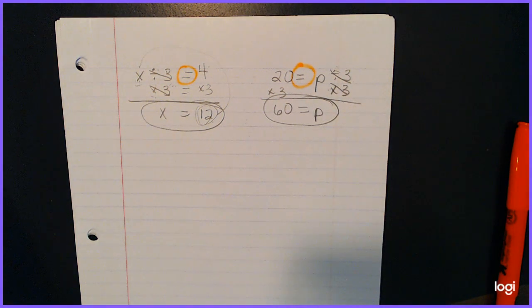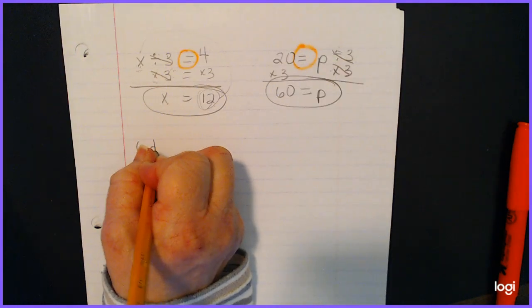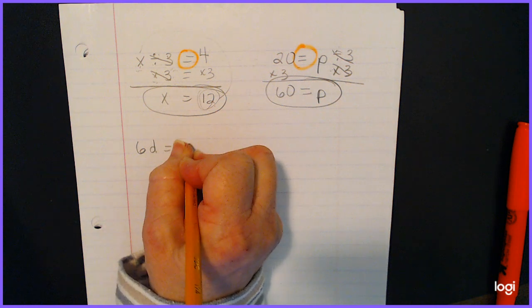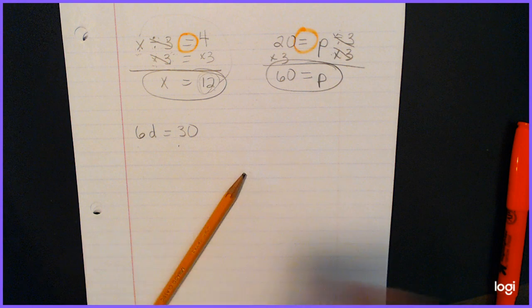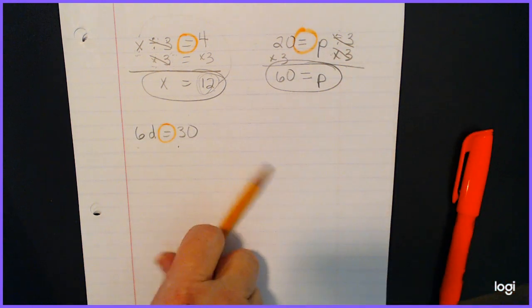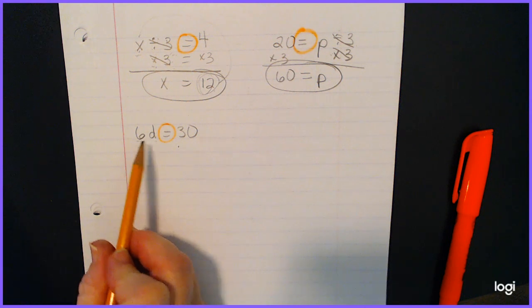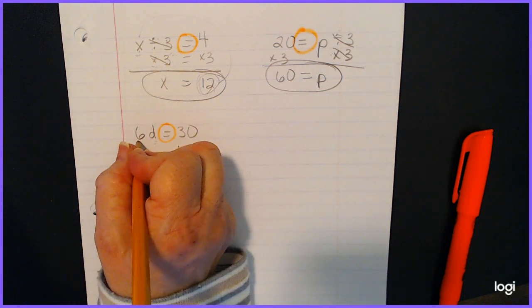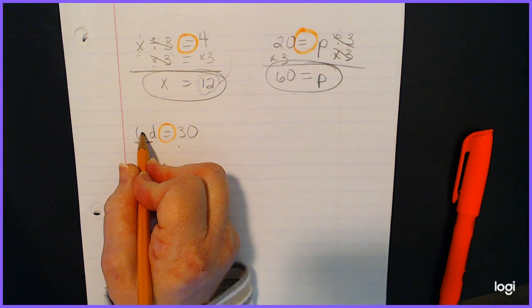All right. The final problems I want to show you would be a multiplying problem like this. 6 multiplied by D equals 30. There's my balance. There's my variable. The opposite of multiplying by 6 would be divide by 6.